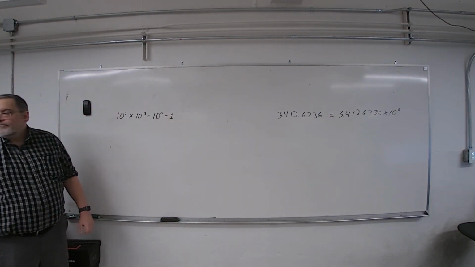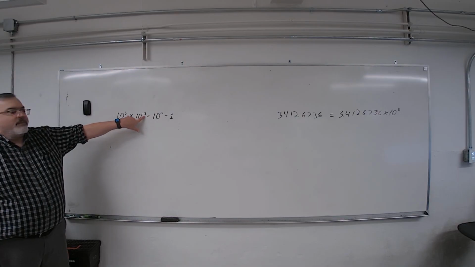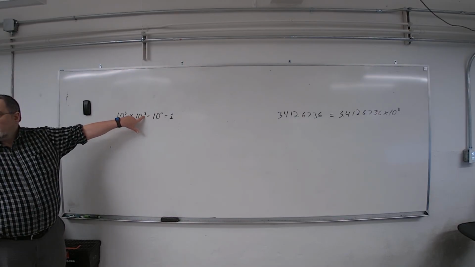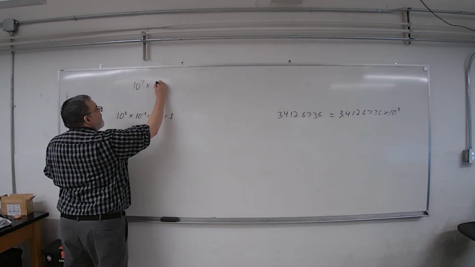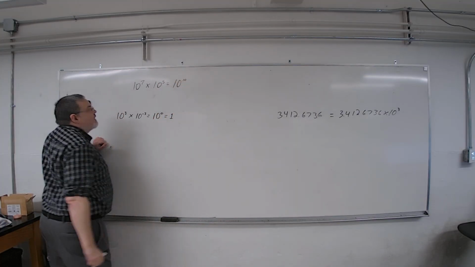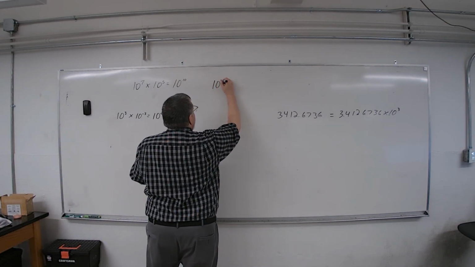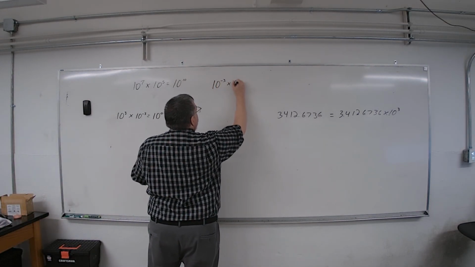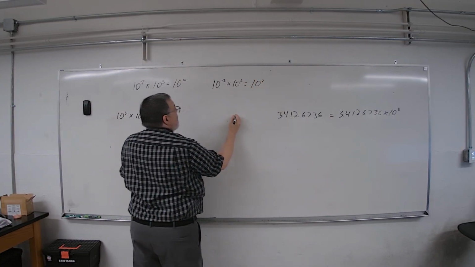Does that make sense? When you multiply powers of 10, ultimately you're just doing arithmetic with the superscript, right? It's kind of like if I had, the answer to this is 10 to the 10. I add the 3 and the 7. If I had this problem to calculate, 10 to the negative 3 times 10 to the 6, my answer here is 10 to the 3.